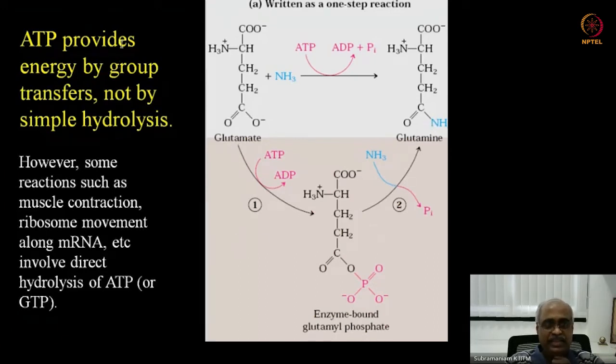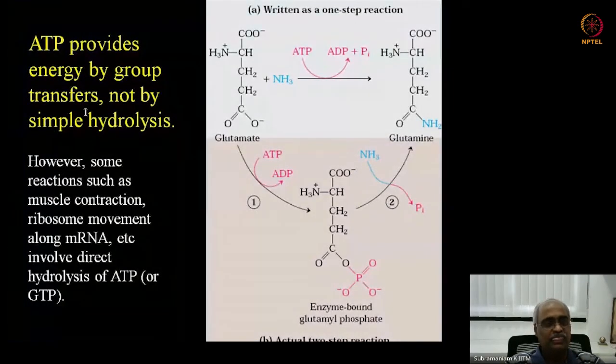So this is how these are coupled. ATP provides energy by group transfer, here the phosphoryl group transfer. Remember, we learned this as an important thing in the last class. And not by simple hydrolysis. There are exceptions. Some reactions such as muscle contraction and ribosome movement along mRNA involve direct hydrolysis of ATP.